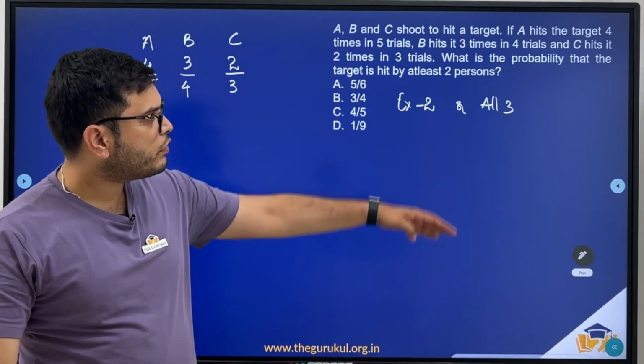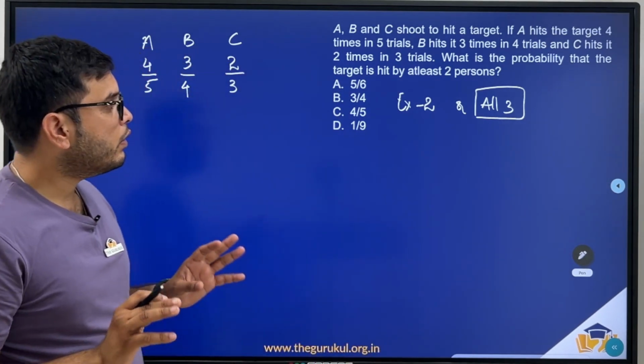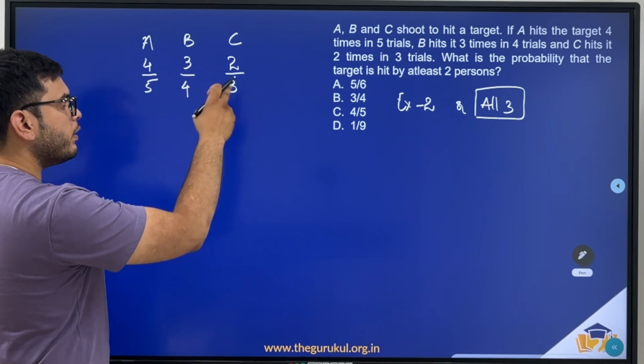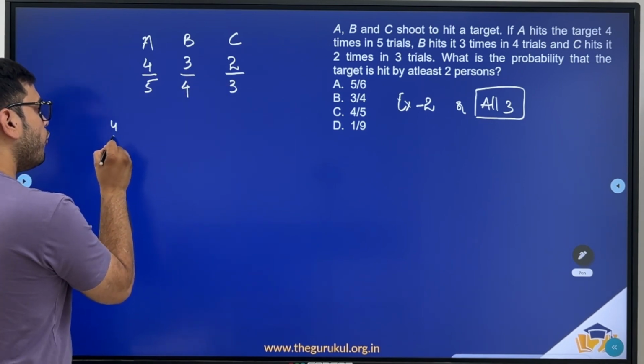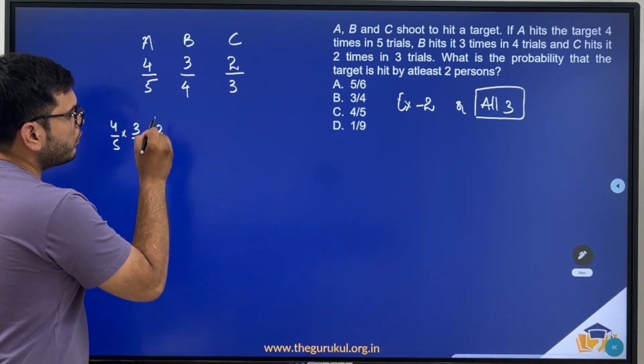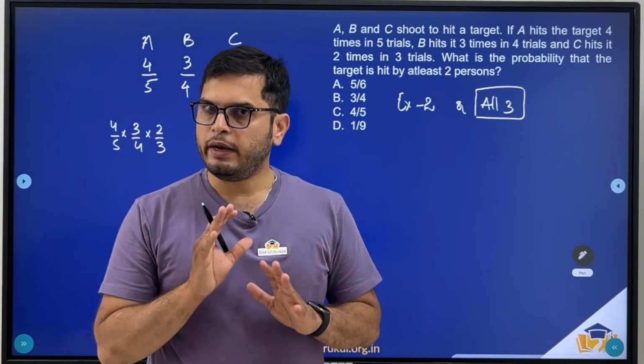Right, now first let's assume all these 3, A, B and C, hit the target. So what's the probability of A hitting the target, B hitting the target, and C hitting the target? That would be 4 by 5 into 3 by 4 into 2 by 3. So this gives us the probability of all these 3 persons hitting the target.